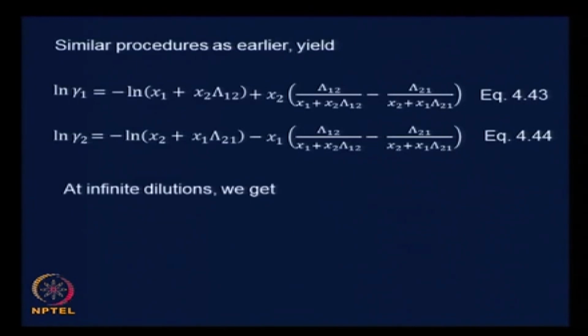At infinite dilution, for ln gamma 1 infinity, x1 tends to 1 and x2 tends to 0, so this whole term will drop out, and x1 is tending to 1.